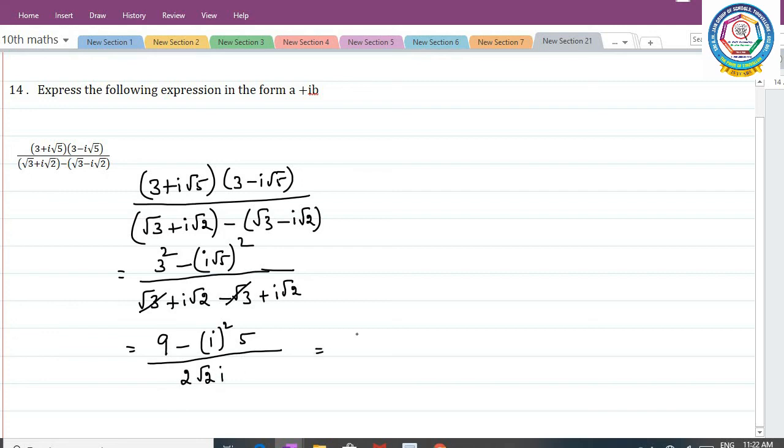Then 9 minus, we know the value i squared is minus 1, minus of minus is plus, so 5 by 2 root 2 i. Then 9 plus 5 is equal to 14 by 2 root 2 i. By the two table, 7 times will come: 7 by square root of 2 i.